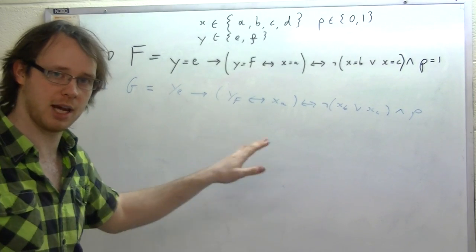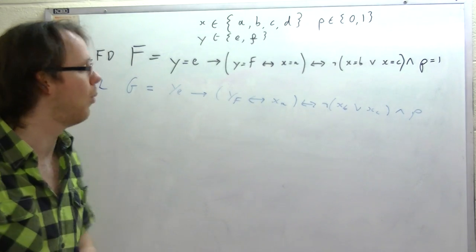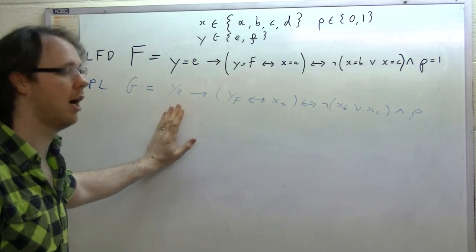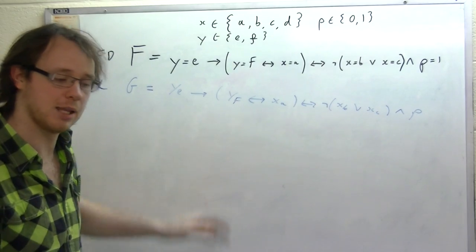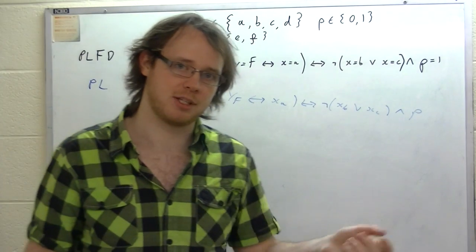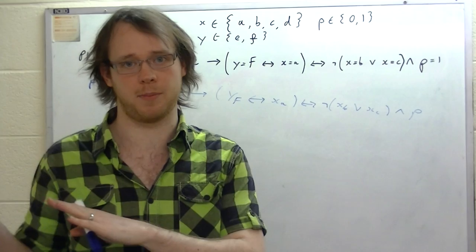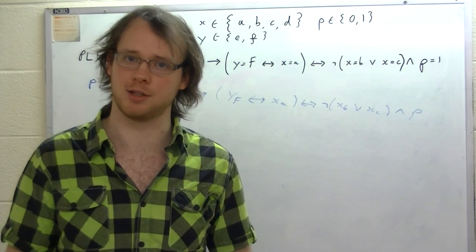Okay, so these look the same, but the question is, are they equivalent? Equivalence is about having the same models. So do they have the same models? The problem here is that models for PLFD aren't the same as models for PL, because their kinds of interpretations are different.